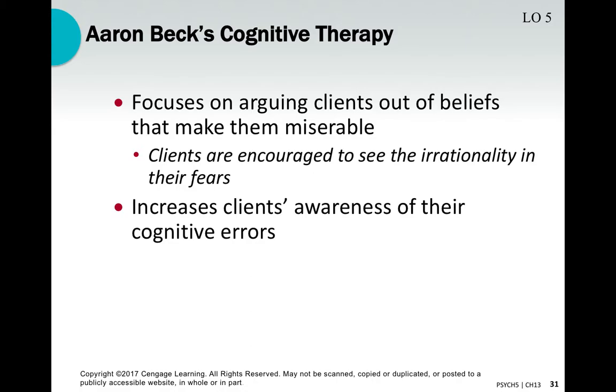Those irrational beliefs that people have make us miserable when we can't live up to certain expectations. That's a big focus of Beck's cognitive therapy. Again, increasing awareness that these thoughts exist, they're maladaptive, and they're really errors in thinking, but it can be easily corrected.